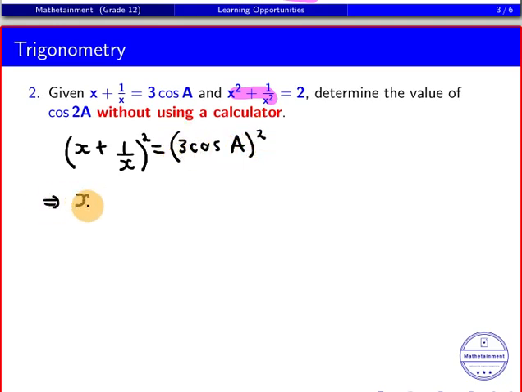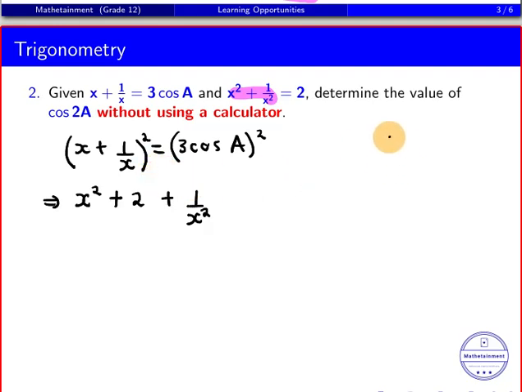We have x squared plus x times 1 over x, that is 1, 1 times 2, that is 2. We're just removing this bracket. And then we have plus 1 over x squared.